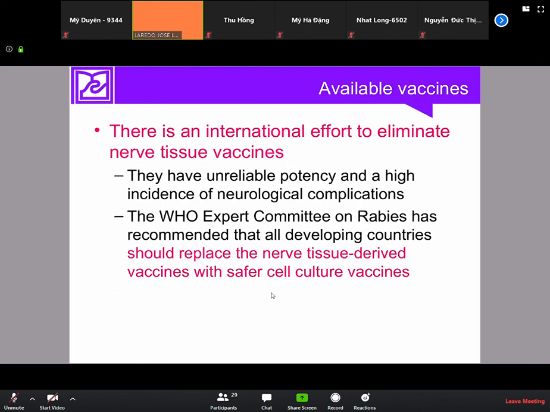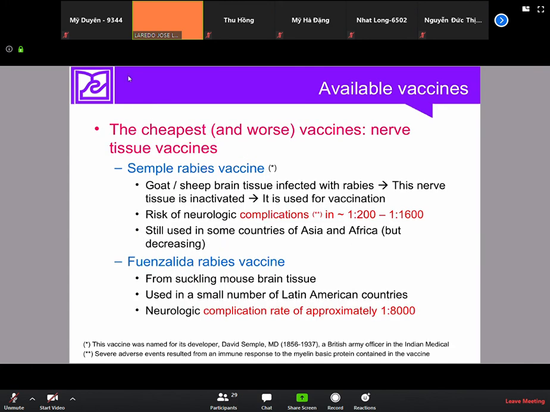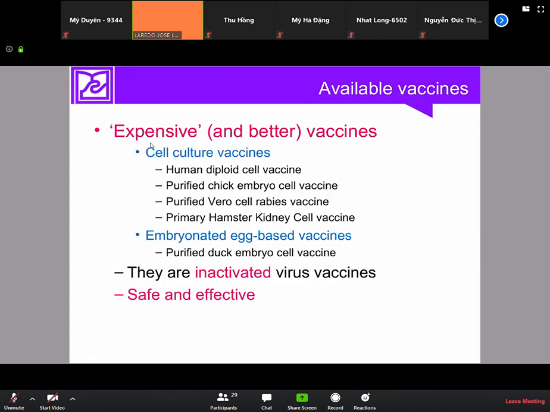So currently, there is a very strong international effort to eliminate the cheap vaccines, the nerve tissue vaccines, because they don't work very well and they have a very high incidence of complications. So currently, we should remove these vaccines and use the better vaccines.